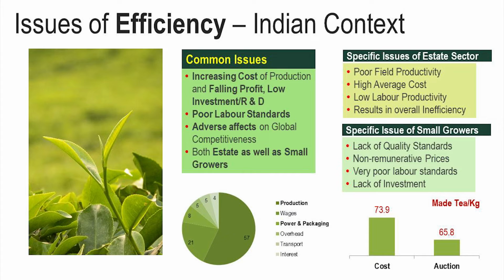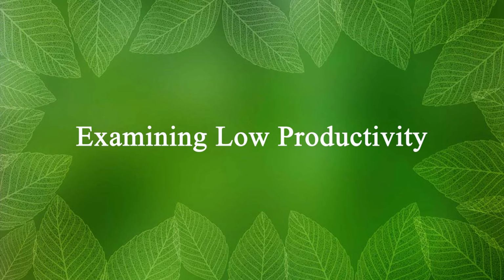So these are the issues of efficiency in the Indian context. It has some common issues and also specific issues shared by the estate sector and the small grower sector. Now, if you look a little deeper into why this is happening, what the causes of low productivity are, we can identify four important factors.